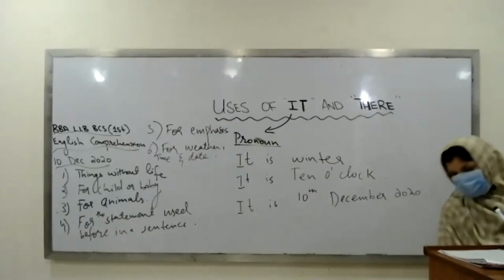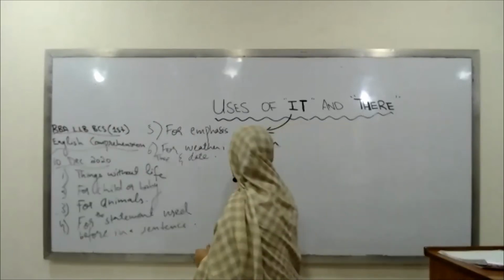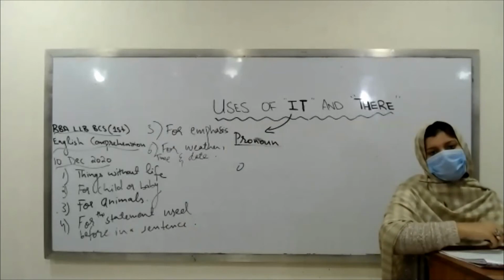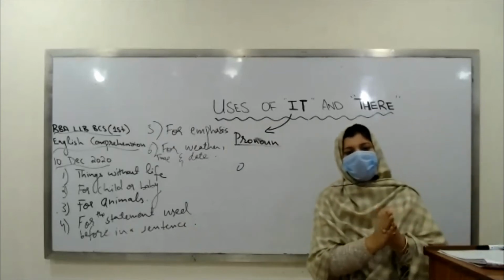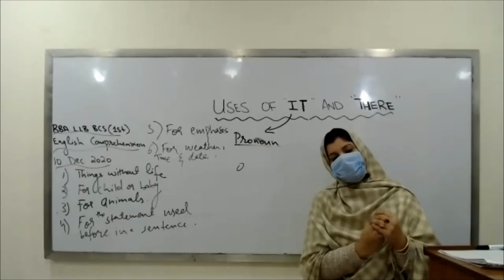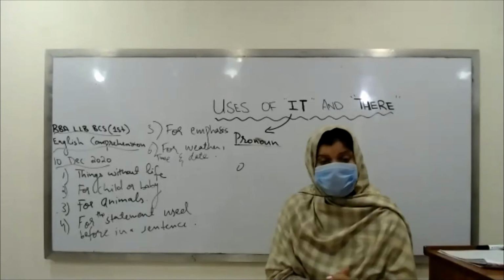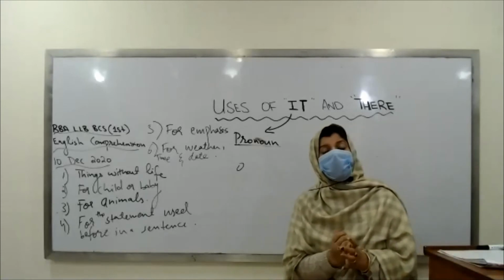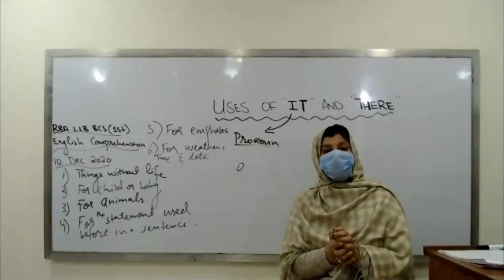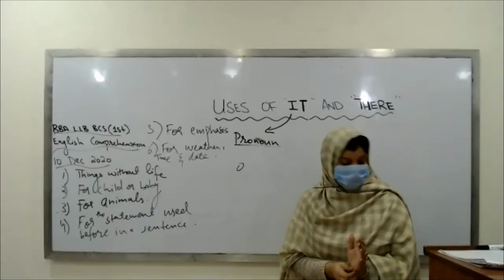Okay. Yes, ma'am. Okay. When you are talking to someone on telephone and when you have made a call to someone and if someone is asking who is there, so आप आगे से कहते हैं it's me, Ahmed, it's me, Ali. तो वहां पे you are using again it for calling your own self, या आप अपने लिए यूज करते हैं या आप किसी के लिए यूज करते हैं.